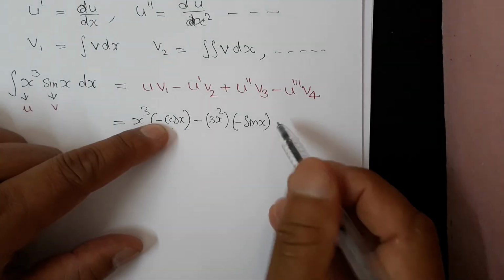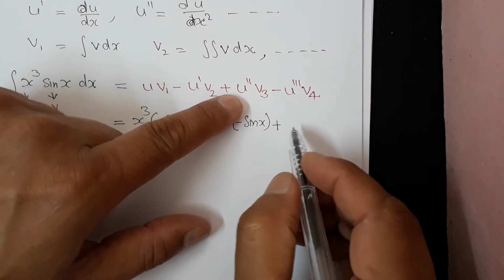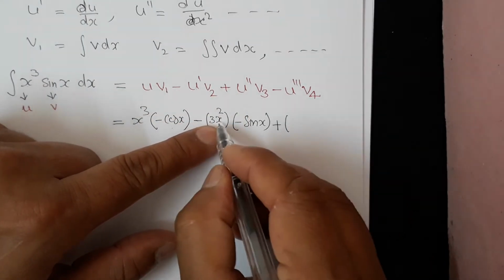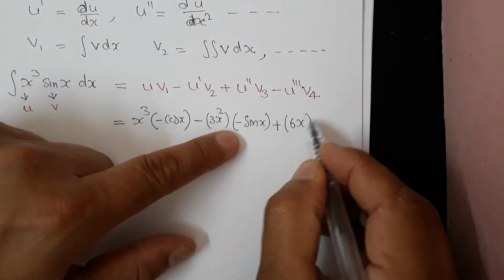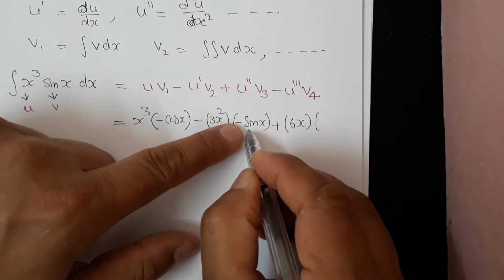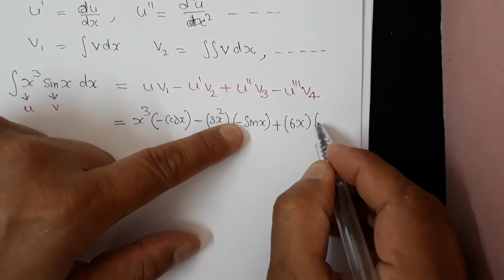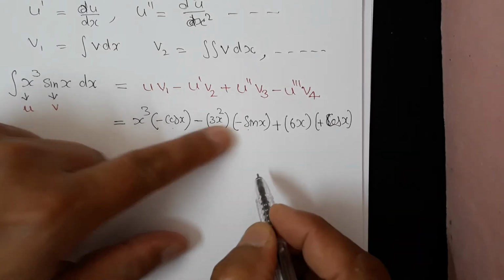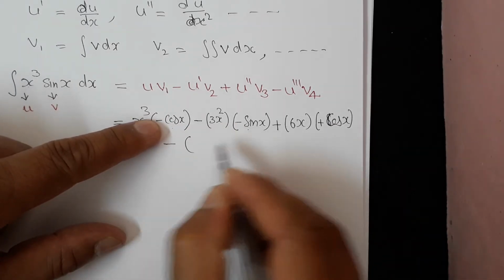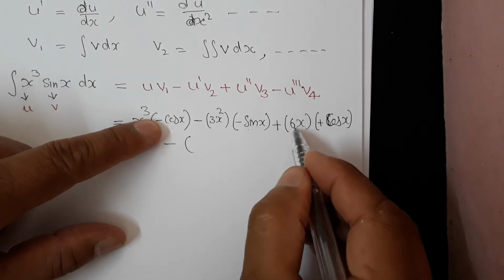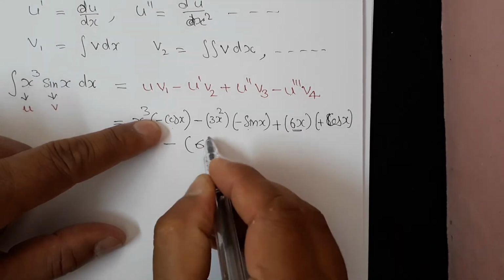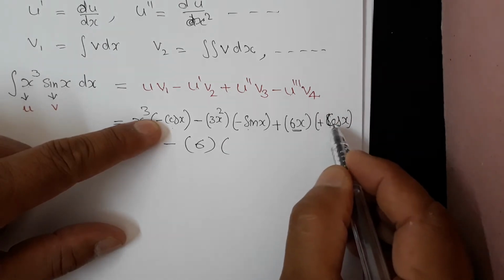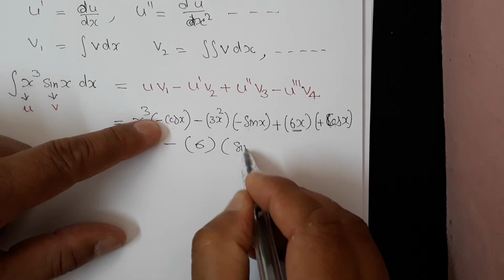Then plus u double dash, the double derivative, which will be 6x, and v3 means integration of v2, so this becomes positive cos x. Then minus u triple dash, which is 6, and v4, the integration of cos, is sine x.